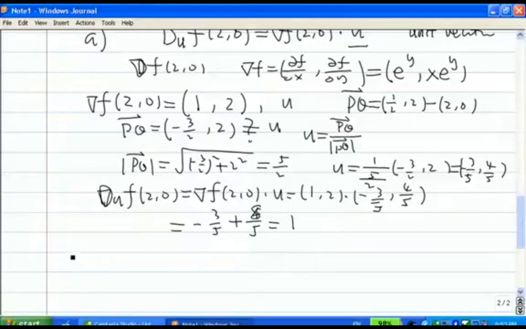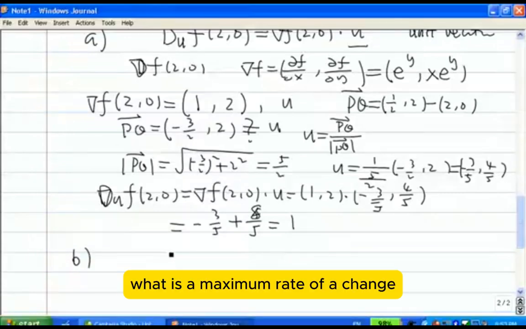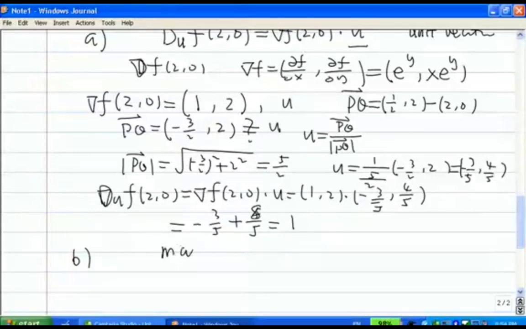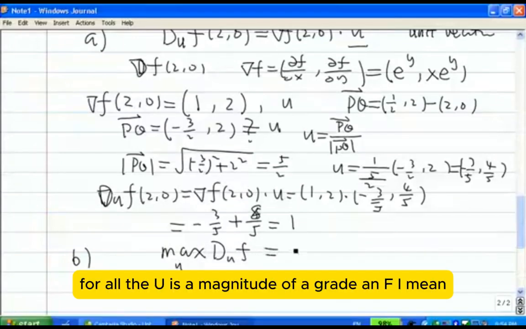Okay, now question B. What is the maximum rate of change? Remember we said that in general the maximum rate of change, over all u, is the magnitude of gradient f.